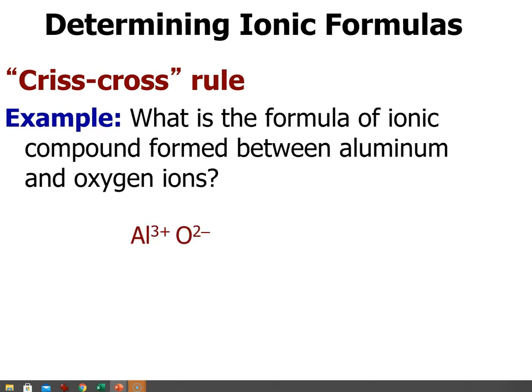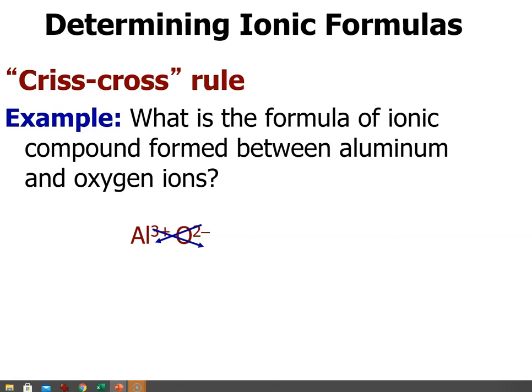Aluminum, a +3 element, and then oxygen, -2. How do we put these together so that we can get a neutral element? The crisscross rule is you take the charges and you swap them. You put them from the charge spot in the upper right-hand side to the other element's lower subscript value.